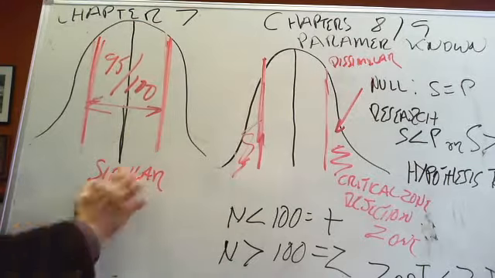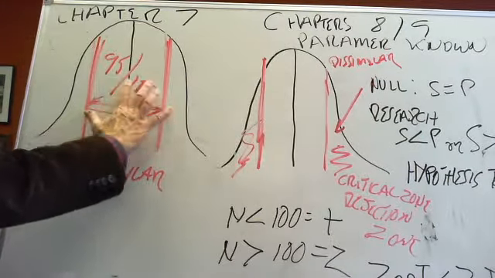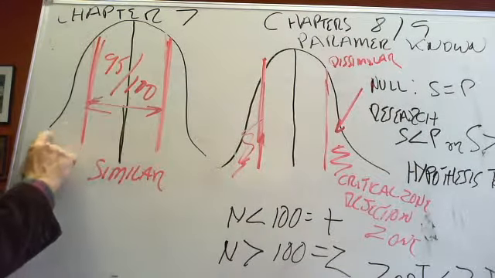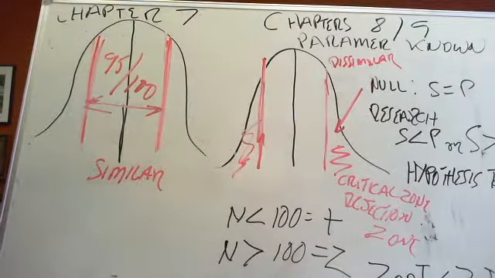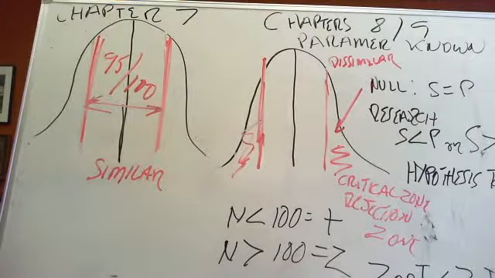So this is a probability distribution. High probability, 95 out of 100. Low probability, split the 5 into 2.5 over here and 2.5 over there. So you want to keep that in mind as a probability distribution. The closer you get to the tail, the less probable something is of occurring.